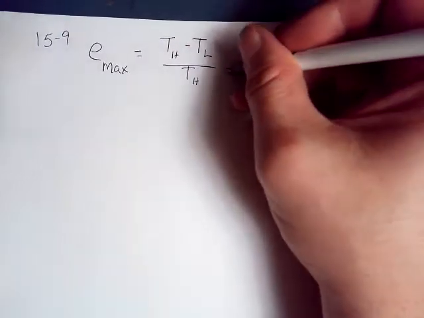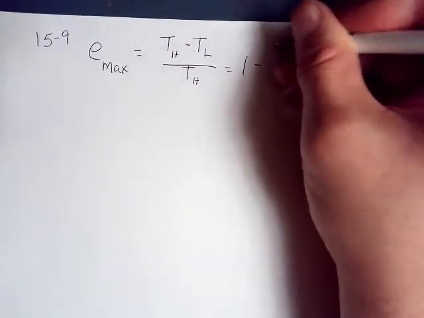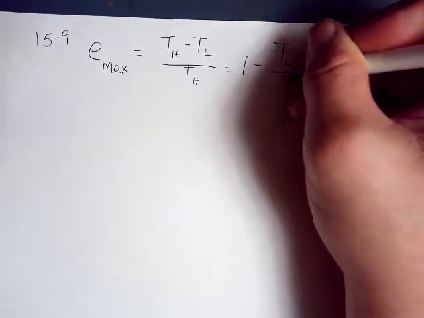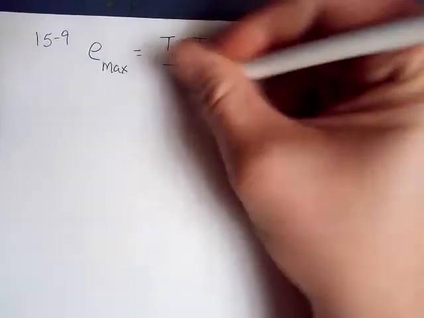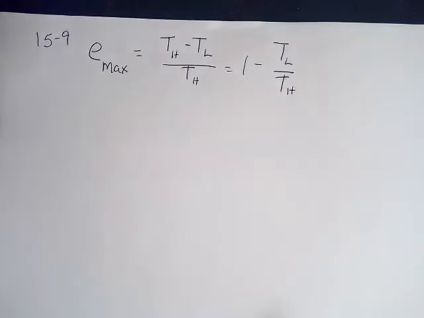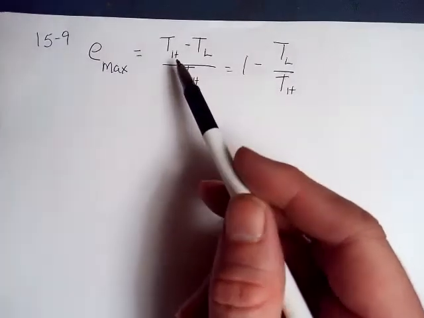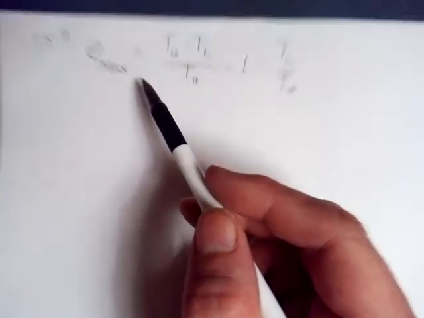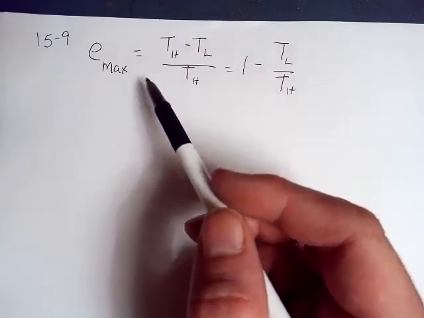Given by that, or also given by, if you cancel or write this differently, these are equivalent. I like using this one. Just lets me see better what's happening. So just anywhere it says maximum efficiency, you'll go to this. We couldn't use this on the previous one because it didn't say maximum efficiency.